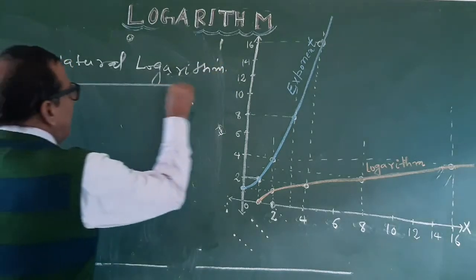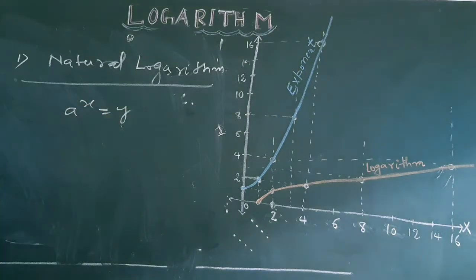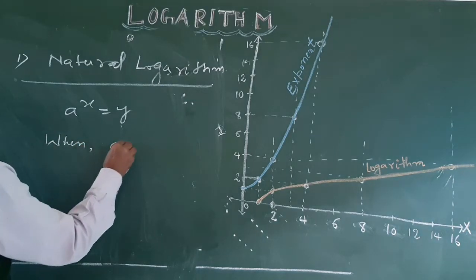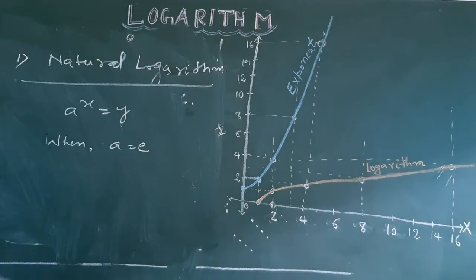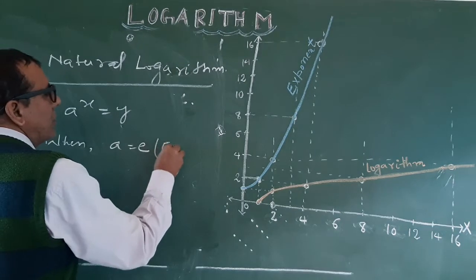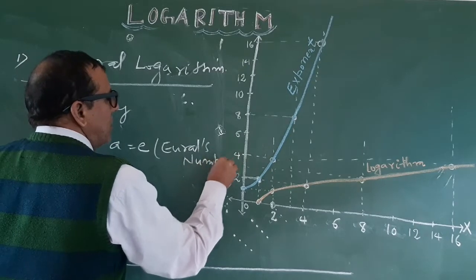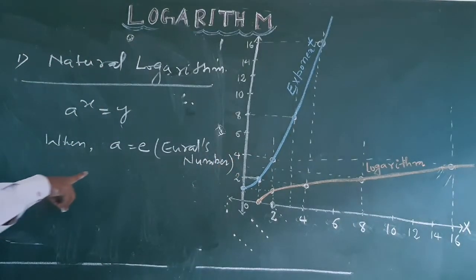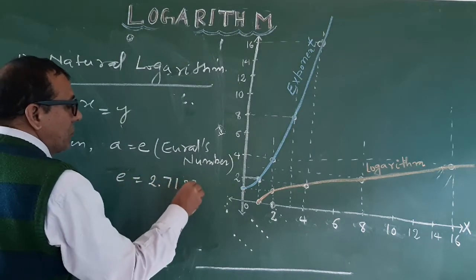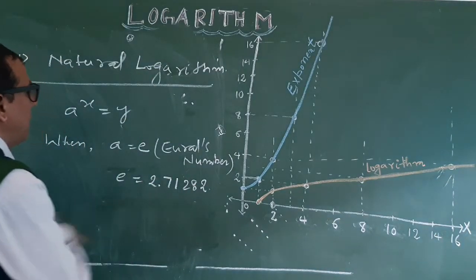Natural logarithm, as we observe here, a to the power x equals to y, when a equals to e, the first letter of Euler's number, and we know that e equals to 2.71828.